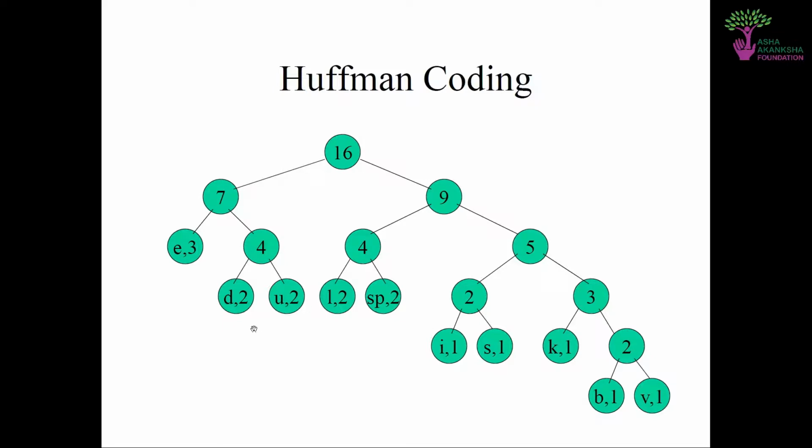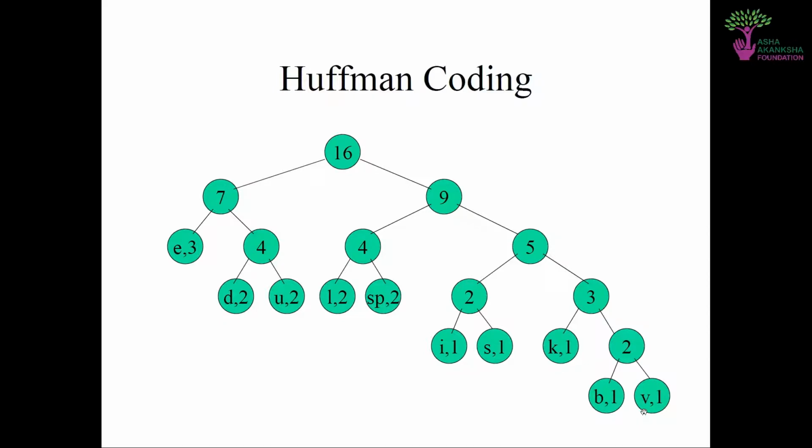So here at height level 4, we have frequencies 2, and at height level 5 and 6, we have frequencies 1. So what we have done is made the tree in which the higher the frequency, the nearer to the root the leaf node is.